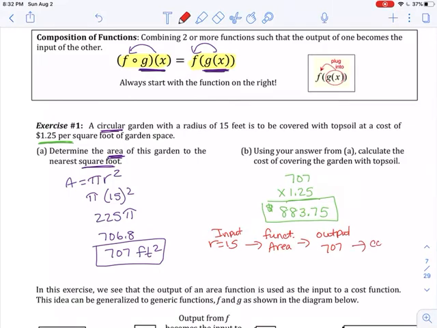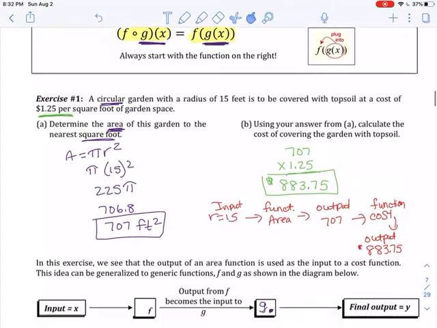Then that becomes my new input to put into the second function to find the cost of covering that garden with topsoil. And when I put it into my second function, cost, I get my final output, which is the cost of $883.75. That does seem expensive. This must be a fairly large garden. Okay, but I really just have two functions.